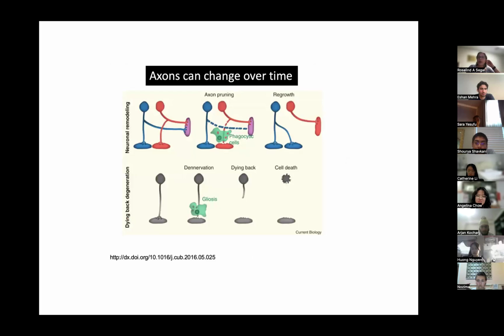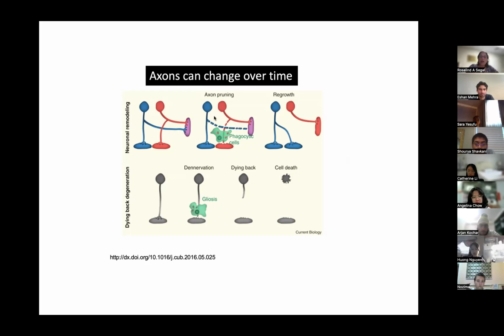Now, there are many different reasons that axons might change or degenerate. Some of them are normal, like during development. Sometimes early on, you'll have, for example, a target tissue that's innervated by two different cells, and during normal development, you want there to be a more targeted matchup between a neuron and its targets.